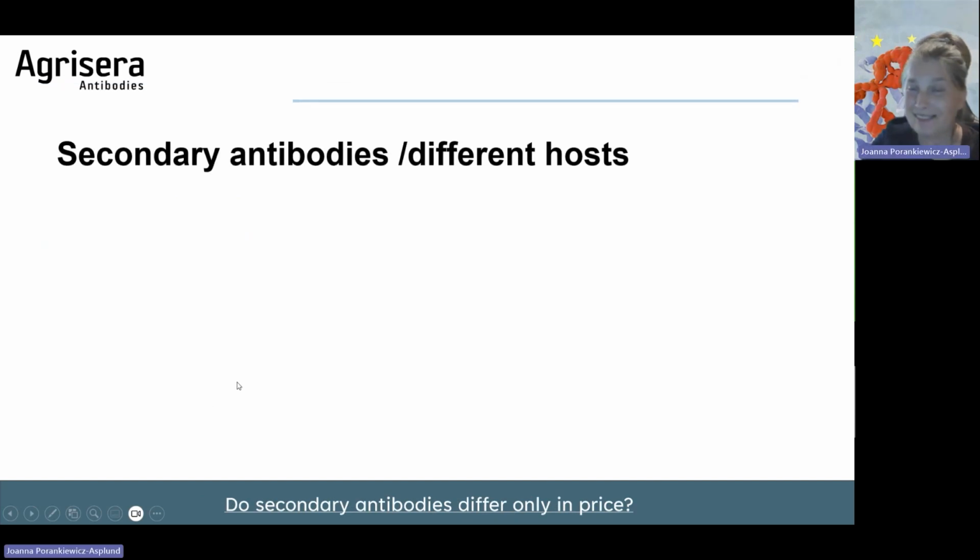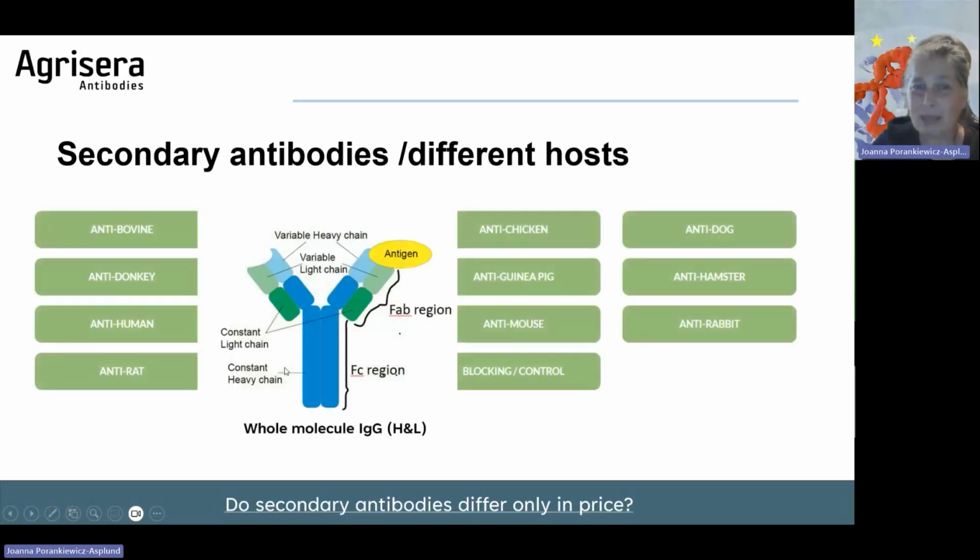And talking about the secondary antibodies, just a reminder, they look like primary antibodies. They are immunoglobulins, which make it possible for us to visualize the binding between the primary antibody and a target. So there is the antigen binding domain, and then we have the FAB region and the FC region.